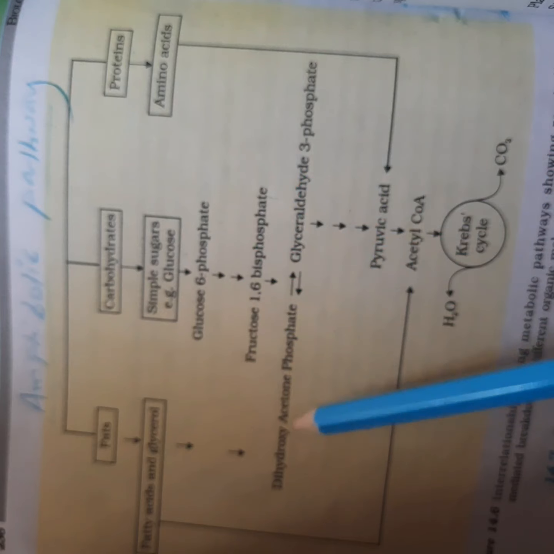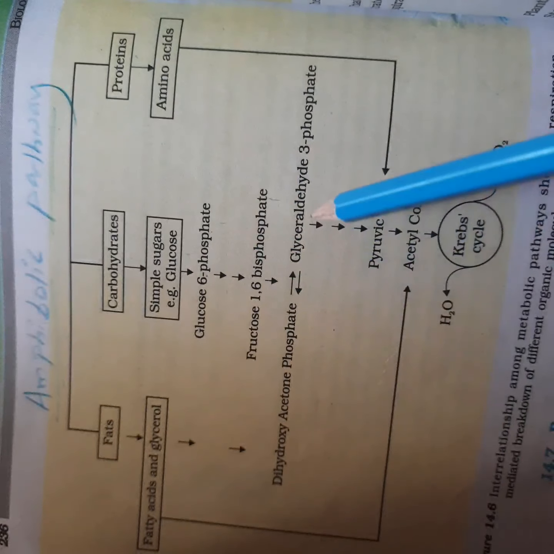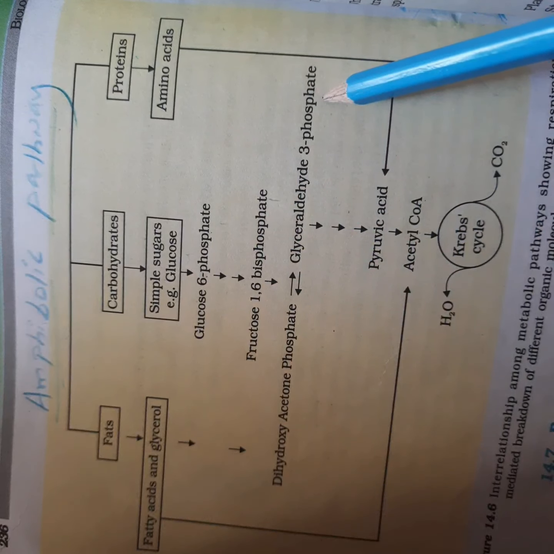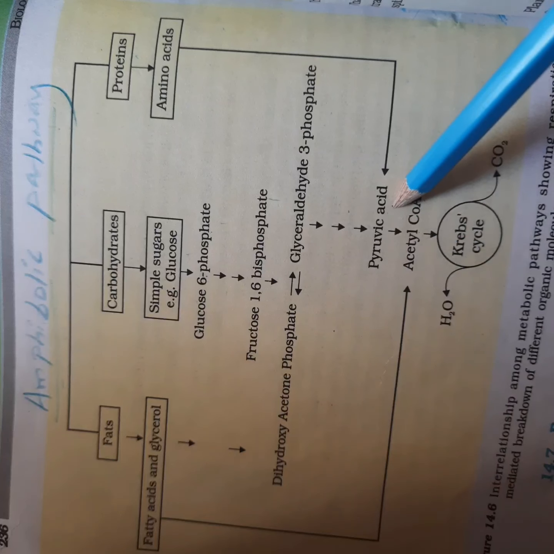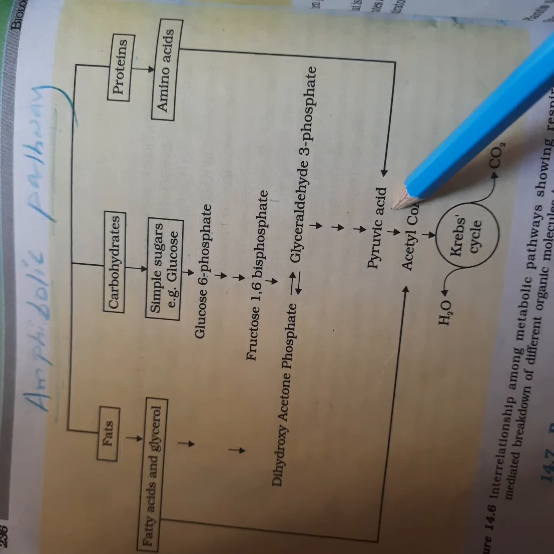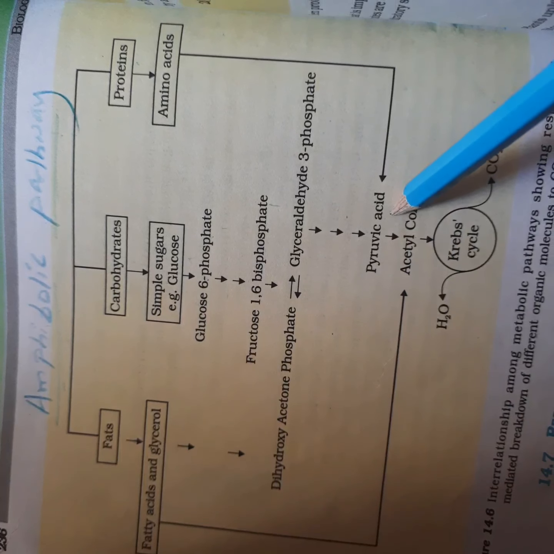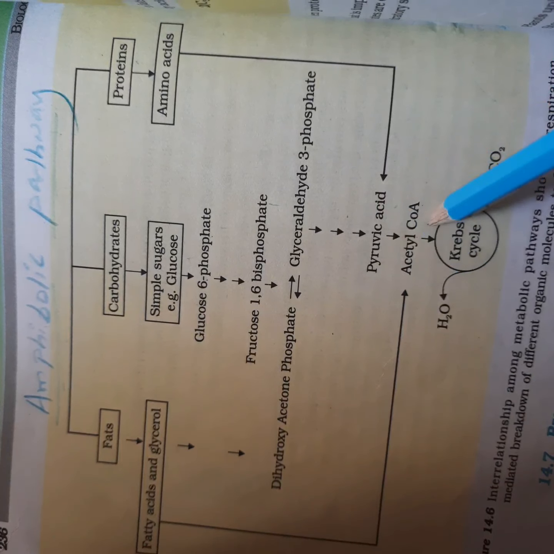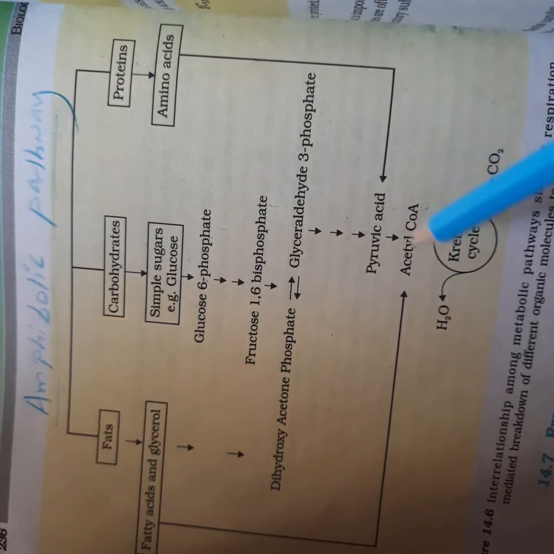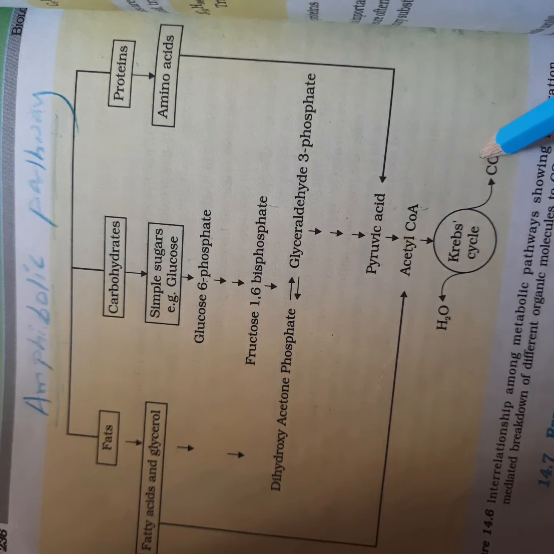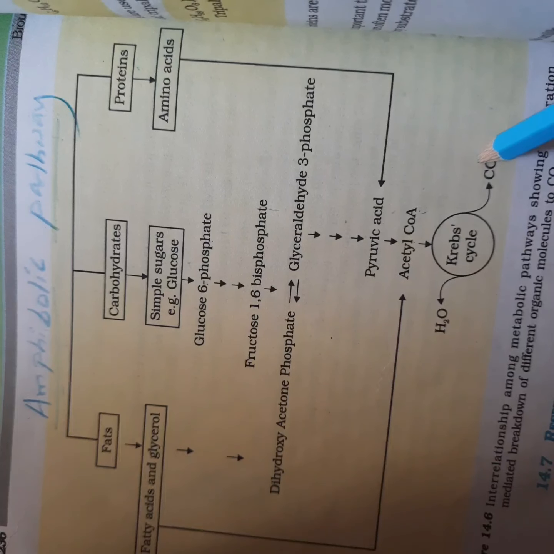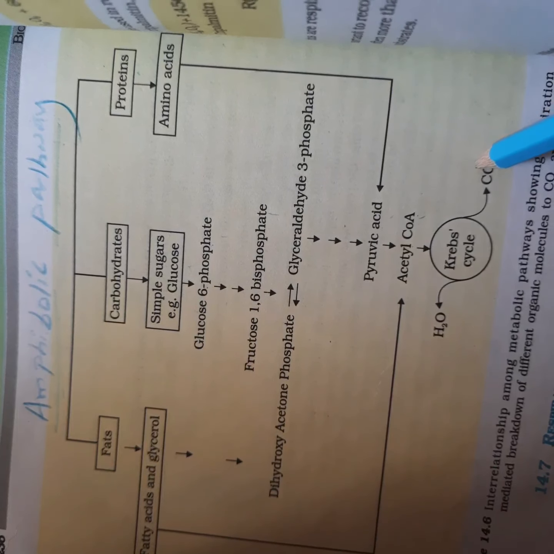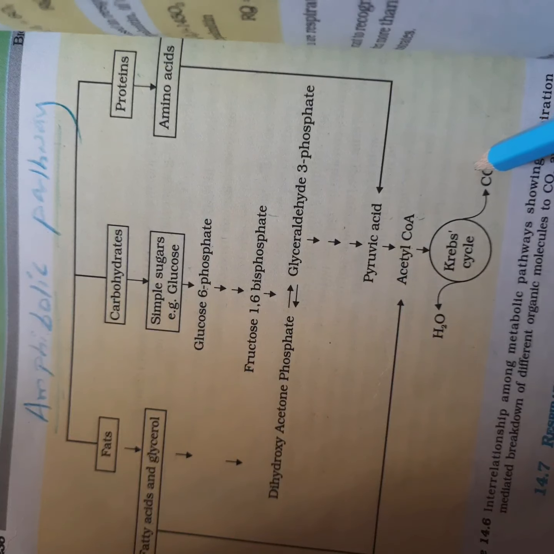One is dihydroxyacetone phosphate, another is glyceraldehyde 3-phosphate, and these molecules are converted into pyruvic acid. This pyruvic acid finally enters the Krebs cycle with the help of a coenzyme. That coenzyme is named acetyl coenzyme A, and this Krebs cycle yields energy intermediate compounds, and those energy intermediate compounds enter the ETS, as we already discussed in the last class.